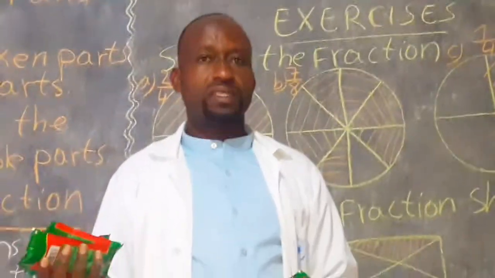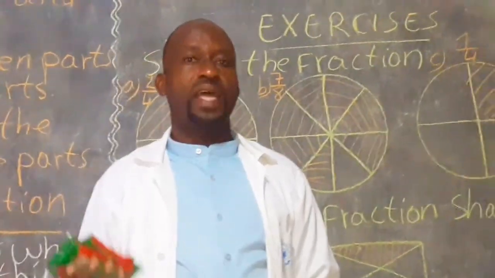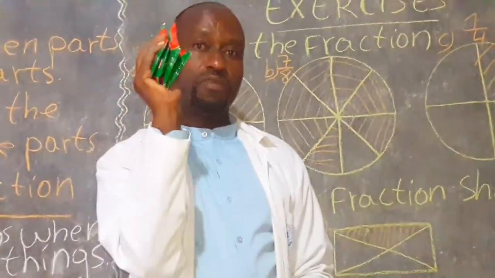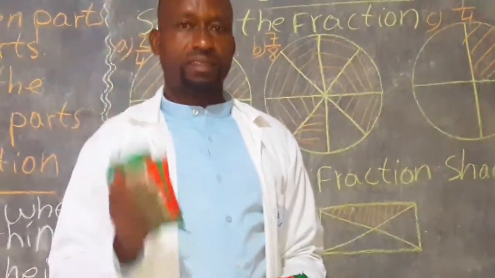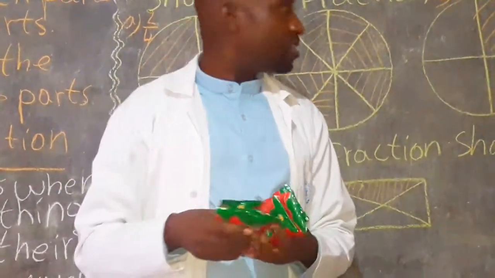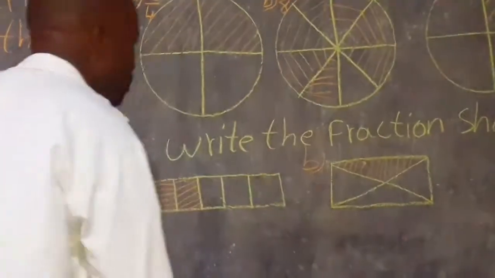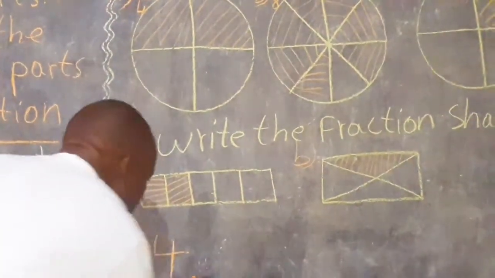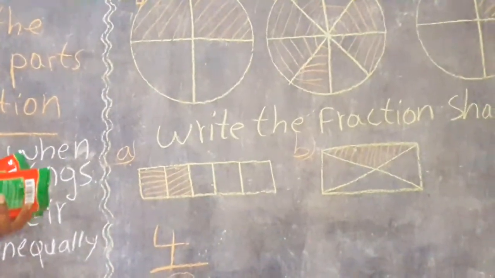All available parts represents denominator, and I take 4. 4 represents numerator. And it is written like this: 4 over 8. Good.